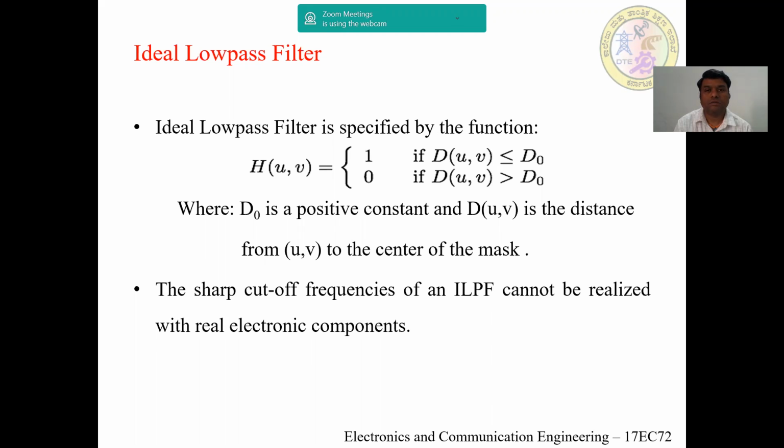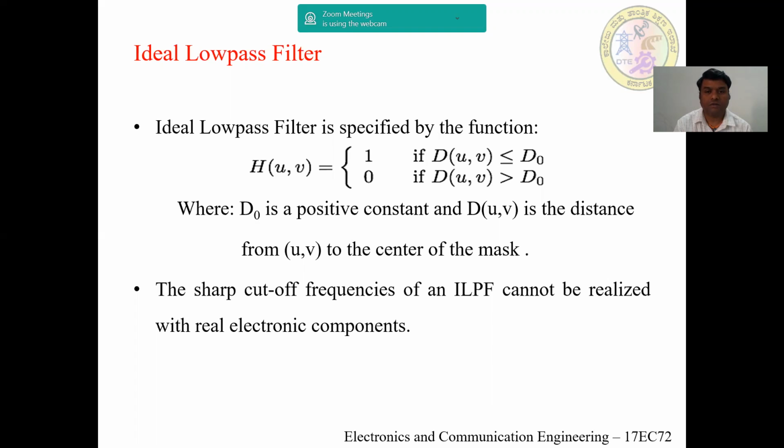Ideal low-pass filter is specified by the function H(u,v) equal to 1 if D(u,v) is less than or equal to D0, and 0 if D(u,v) is greater than D0, where D0 is a positive constant and D(u,v) is the distance from (u,v) to the center of the mask.